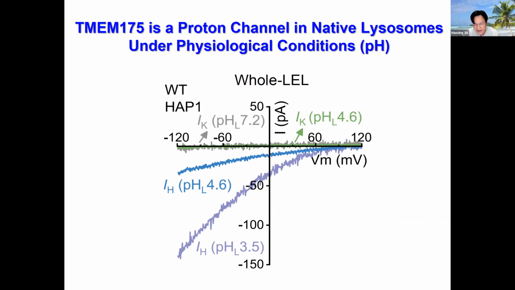So T175 can conduct potassium or cesium current, but it's gated, right? Because we cannot see the potassium current in the lysosome, but you can see proton current as long as the pH is low. We think in native lysosomes at physiological pH, T175 functions as a proton channel.